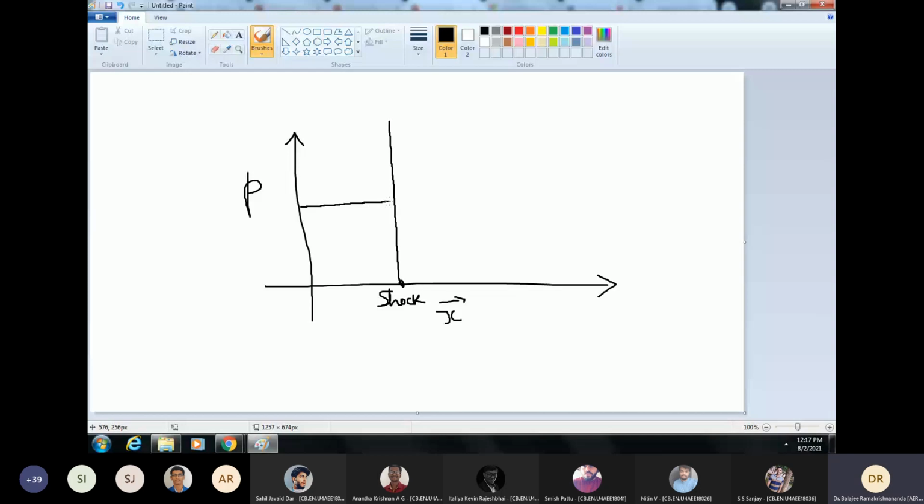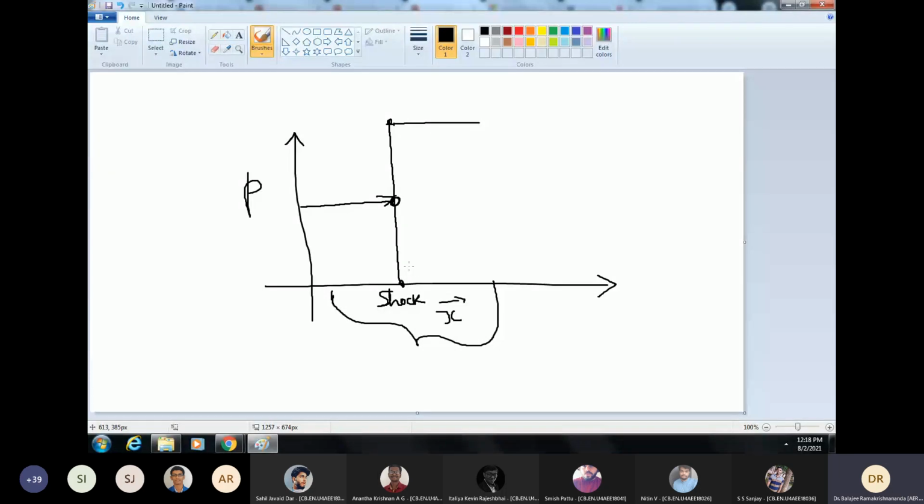So pressure is discontinuous across the shock according to this formulation. If you want to apply the differential form in this region, then theoretically you cannot, because there's a discontinuity here. The limit of pressure toward the left is only so much, and the limit toward the right is so much. There's a step increase.